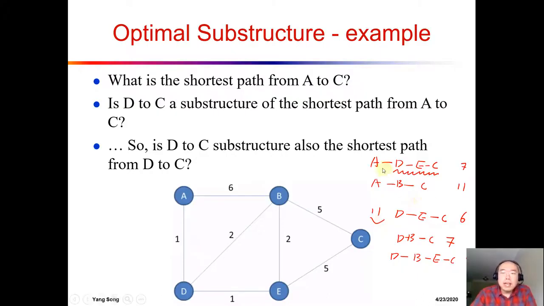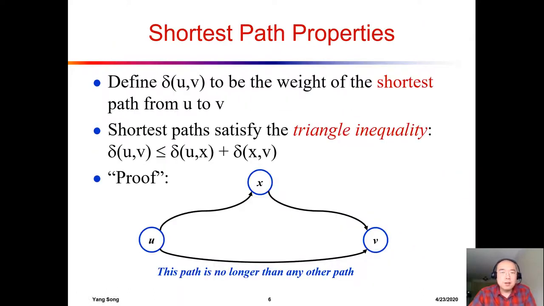Okay, so that's the observation. From A to C, we have already got the shortest path. And then based on the optimal substructure rule, if you pick a subpath, D to C, then D-E-C is also the shortest path from D to C. And for the shortest path, we have another property, that is the triangle inequality.